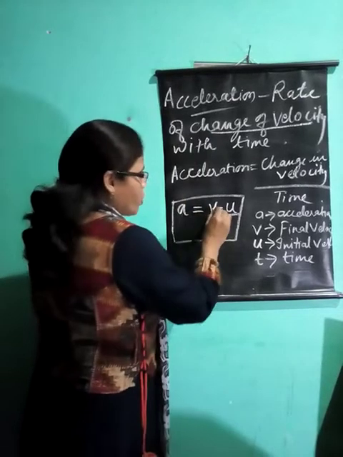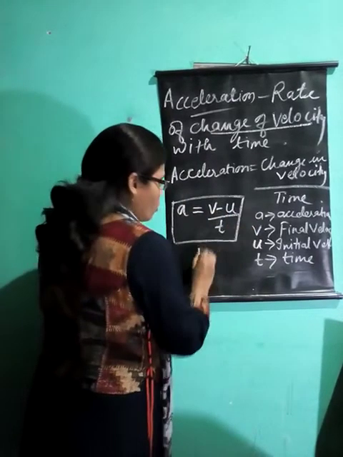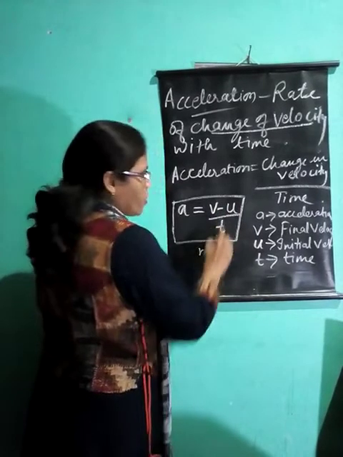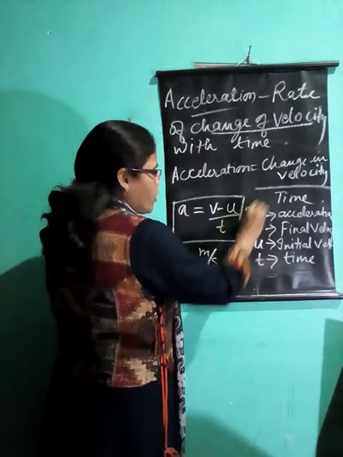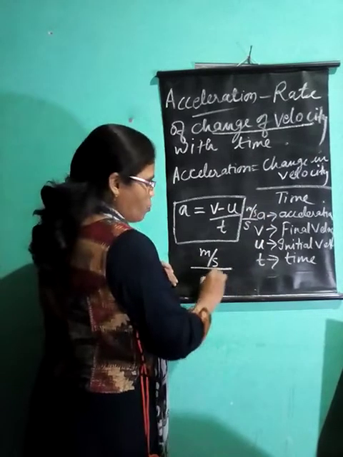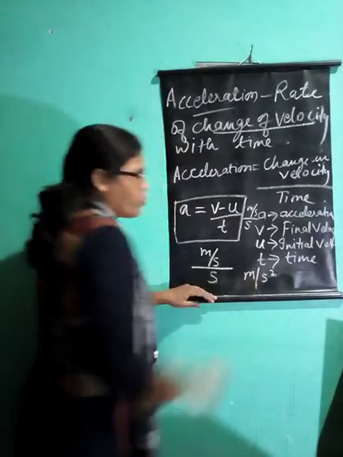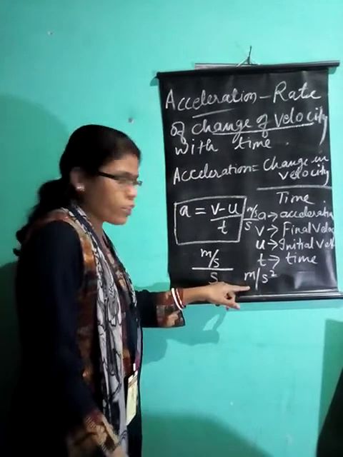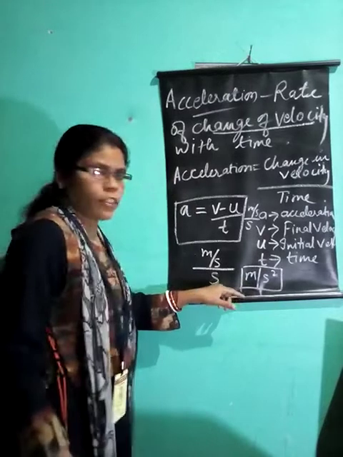Now here you see, what is the SI unit of acceleration? Velocity is meter per second, divided by seconds. So it becomes meter per second square. So SI unit of acceleration is meter per second square.